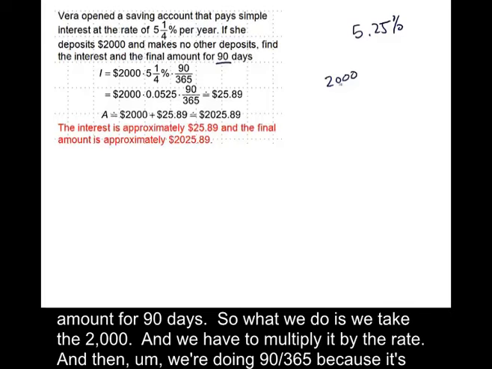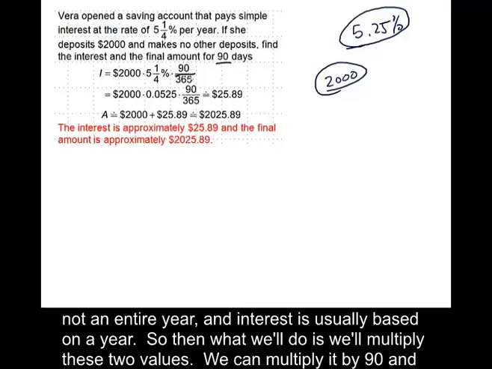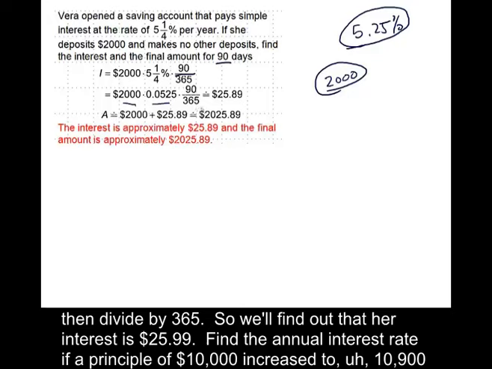So we take the 2,000, multiply it by the rate, and then we're doing 90 divided by 365 because it's not an entire year, and interest is usually based on a year. We can multiply by 90 and then divide by 365. So we'll find out that her interest is $25.89.